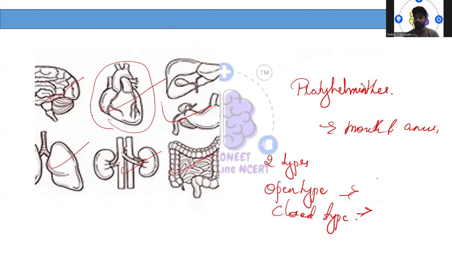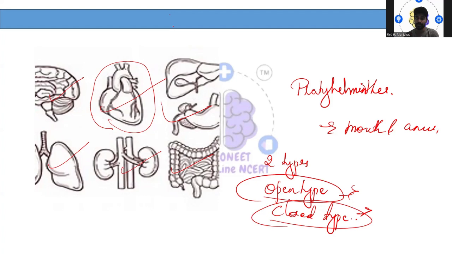There are no specific channels or specific system through which it travels. Both cells and tissues are directly bathed by the blood which is pumped out from the heart. That kind of blood system is called the open type of circulatory system.